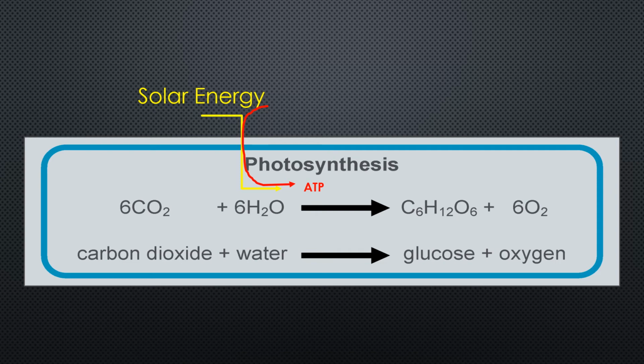So these plant cells have to find a way to convert solar energy to ATP, which is the energy currency of the cell, the way that things can work. So we're going to start with that process. How do we convert solar energy into something that is useful in the cell? And all of the things that we're going to be talking about from here on out are parts of photosynthesis.